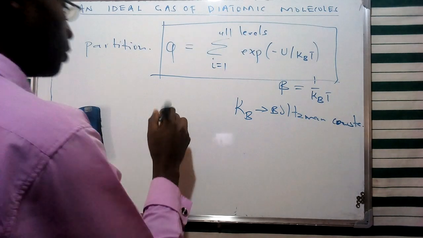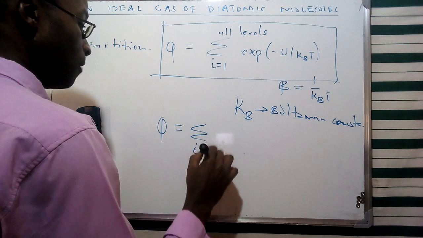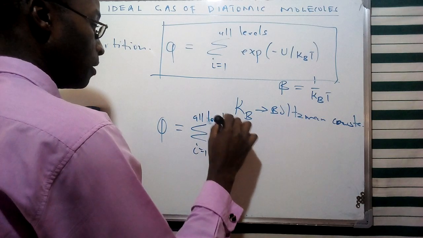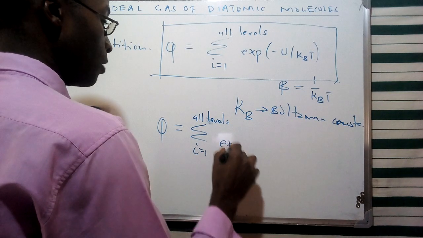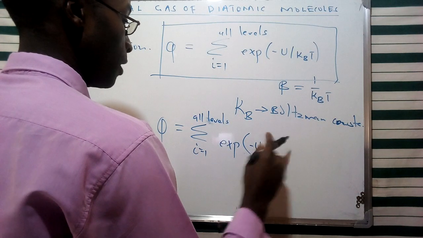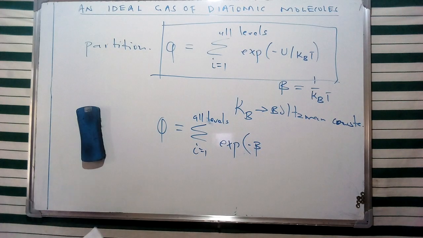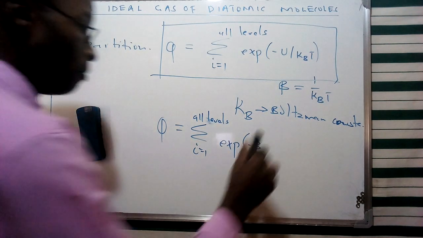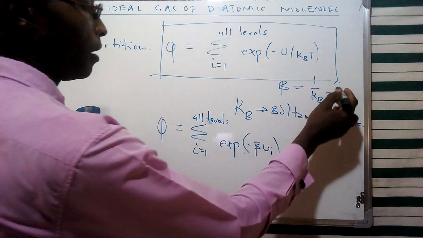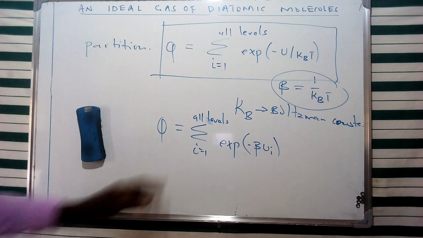So I'm going to have this partition function represented as the summation over all the thermally accessible energy levels, of the exponent of negative beta times the internal energy E_i, where beta is 1 over kBT. So this is a general case for a partition function.